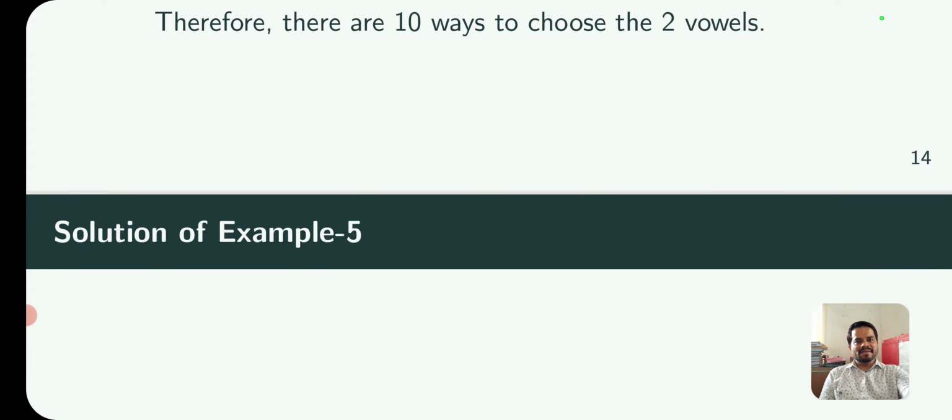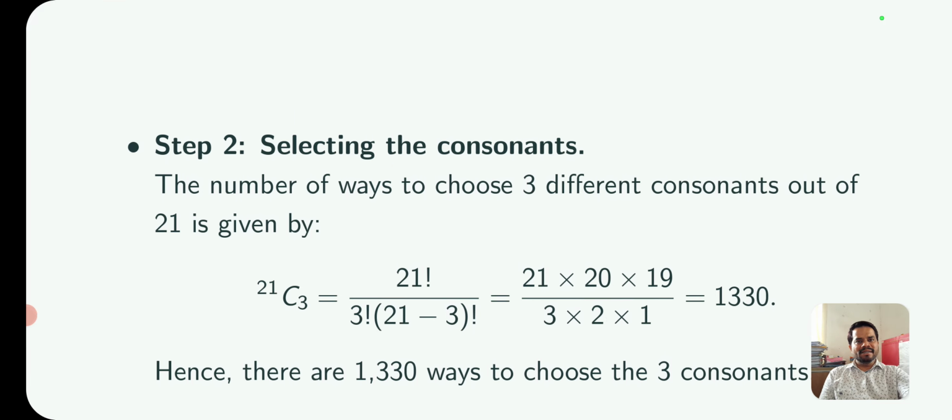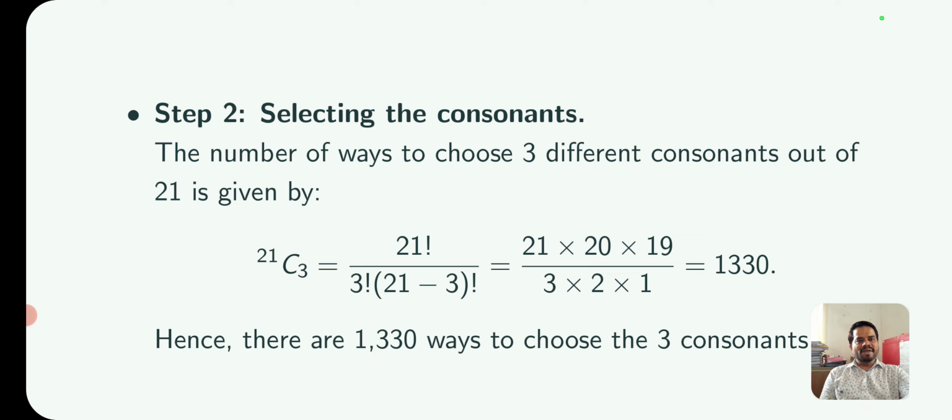Next is selecting the consonants. The number of ways to choose 3 different consonants out of 21 is given by 21C3 ways. Simplifying, we get 1330 ways to choose 3 consonants.